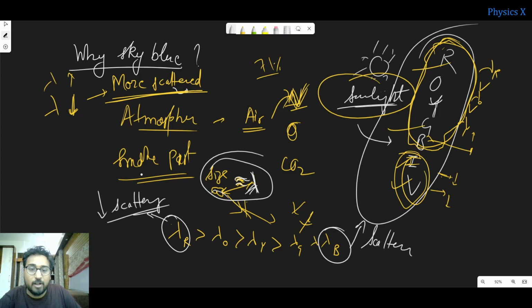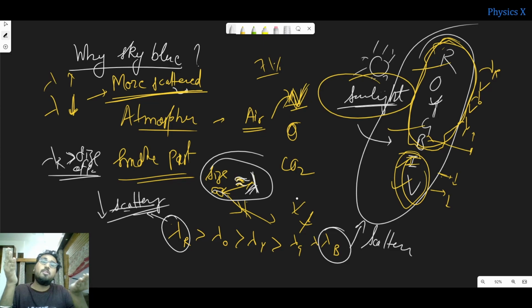But the wavelength of red is more than the size of the particle, so the scattering will be much lesser compared to the blue color. That is why blue light gets scattered the most, is everywhere in the atmosphere, reaches our eyes the most, and that is why we majorly see the sky color as blue.